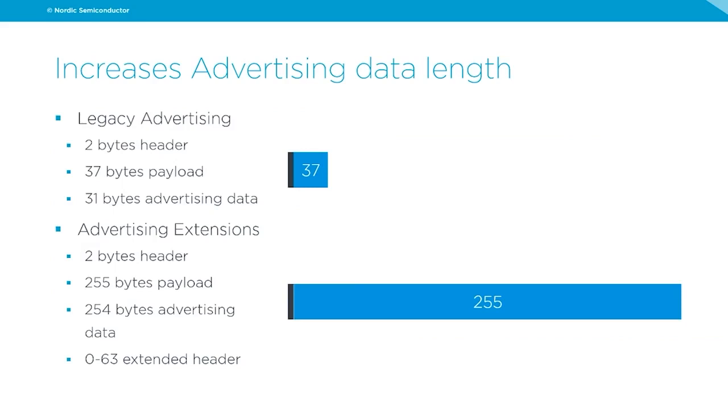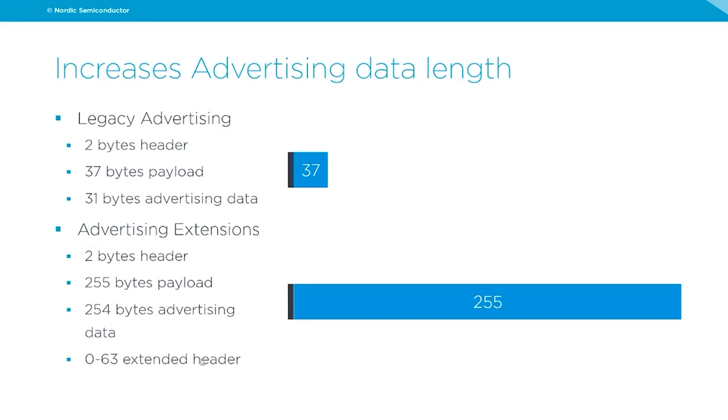Increased advertising data length. I mentioned before we have up to 31 bytes advertising payload and 37 bytes including the headers. That was for legacy advertising. With advertising extension, we still have 2 byte headers, but now we have up to 255 byte payloads, where you can have 254 byte data, and you can choose to have a 0 byte header or up to 63 byte extended header.